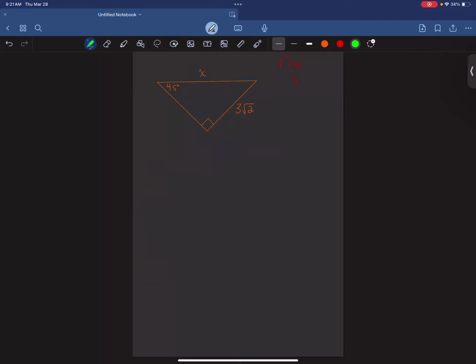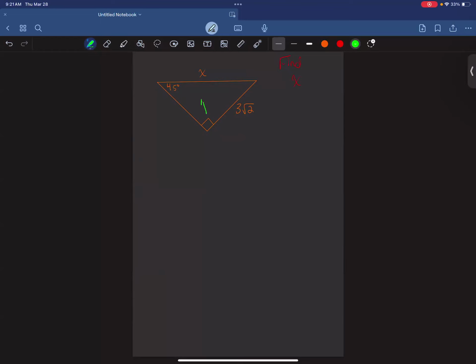Our first problem tells us to find X. We're given, of course, our 90-degree angle. We're given one side, 3 times the square root of 2. And then we're given X, and we're given a 45-degree angle. So let's think about what we're given here.